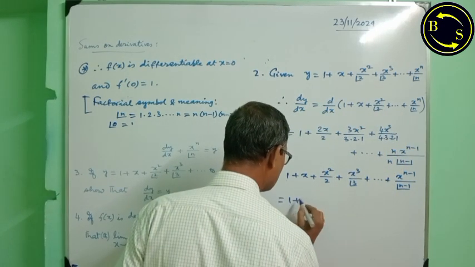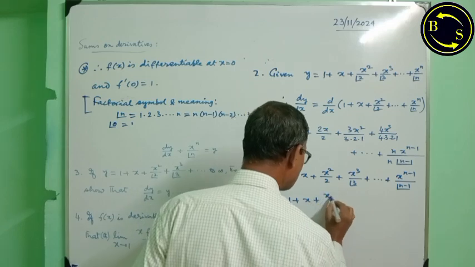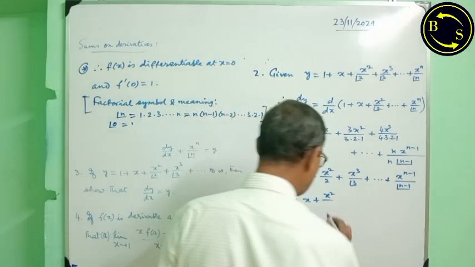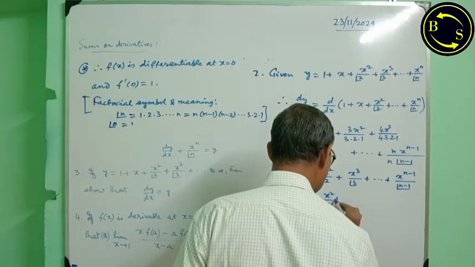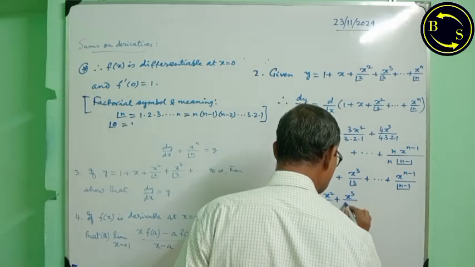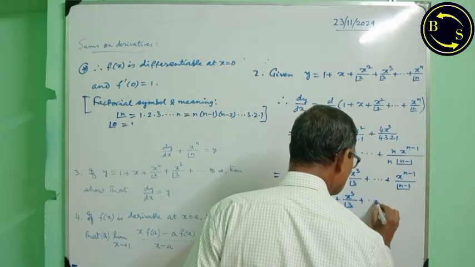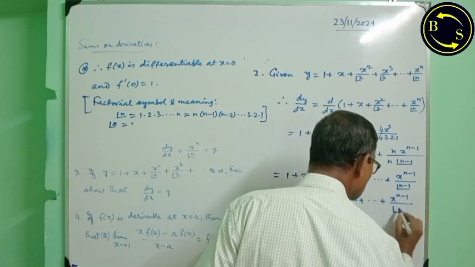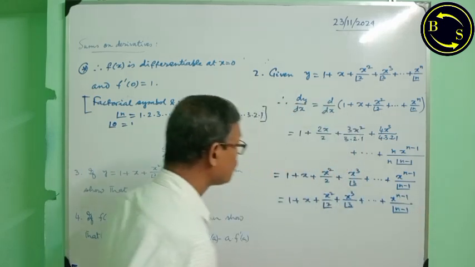Therefore, 1 plus x square by 2 factorial, 2 factorial is equal to 2. Therefore, I can write this as x square by factorial 2 plus x cube by factorial 3 plus x to the power n minus 1 by factorial n minus 1.